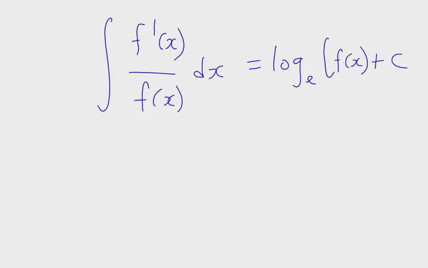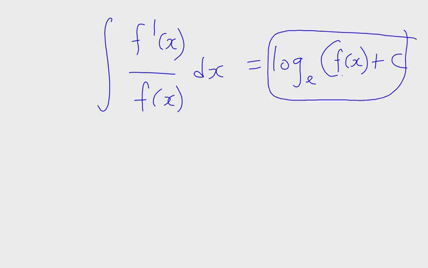What this means is that for a function of this form, here we have f of x, and on top here we have f prime of x, the derivative of that function. In that case, the answer will be ln of f of x.